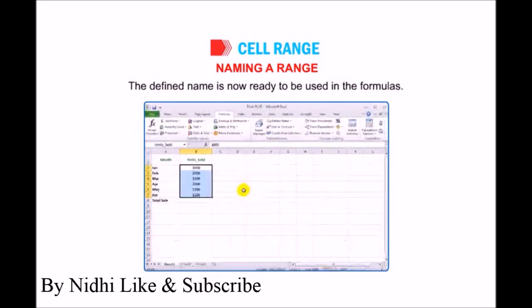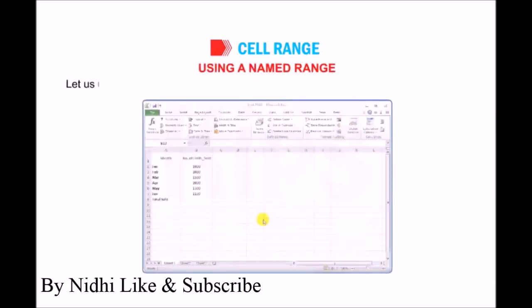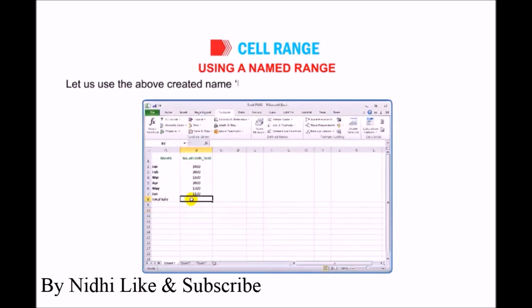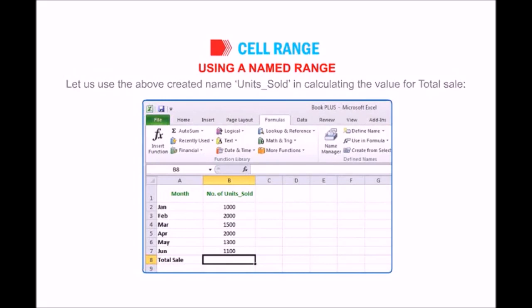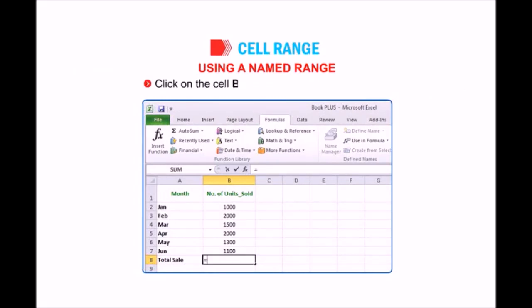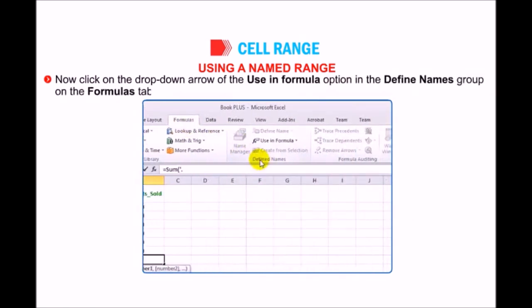Using a named range. Let us use the above created name, units_sold, in calculating the value for total sale. Click on the cell B8 and type the formula equal to SUM(. Now click on the drop-down arrow of the Use in Formula option in the Define Names group on the Formulas tab and select the name units_sold from the displayed list.